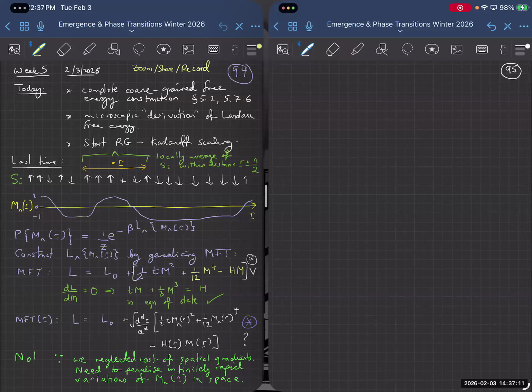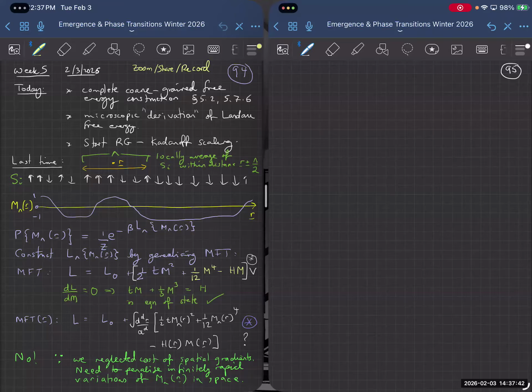Because if the system is in equilibrium, then it will be in a uniform state, because the equilibrium state will be when everything is spatially uniform. That means that if I make a spatial fluctuation, there's going to be a cost associated with that. And so we have to compute what that cost is. And that cost isn't going to depend on whether the fluctuation is going down or going up. There's just a cost to having a gradient in the system. So what we're going to do now is compute what that cost is.